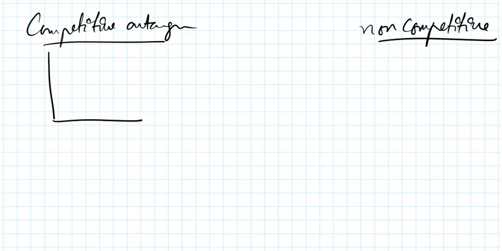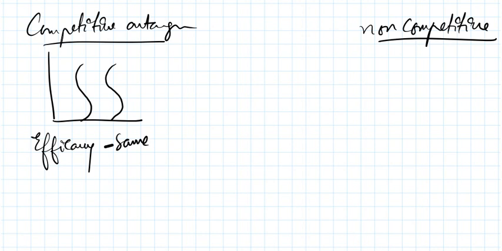In competitive antagonism, the efficacy remains the same. But we increase the dose, which means the potency decreases, and the graph shifts towards the right side.